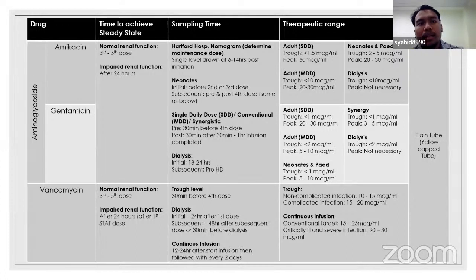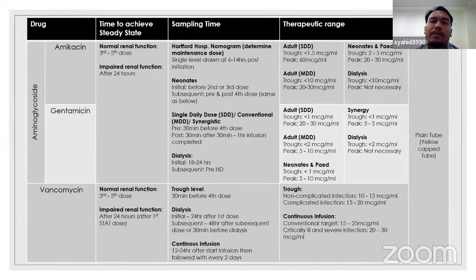Okay. For aminoglycoside, for normal renal function, usually from the third to fifth dose, it will achieve steady state. For impaired renal function, after 24 hours.